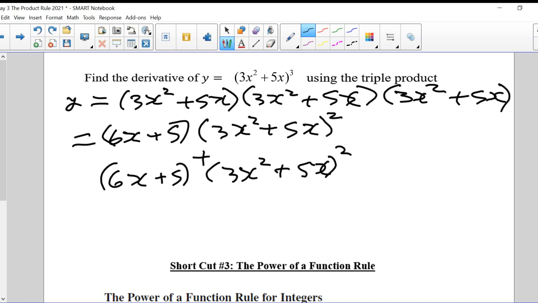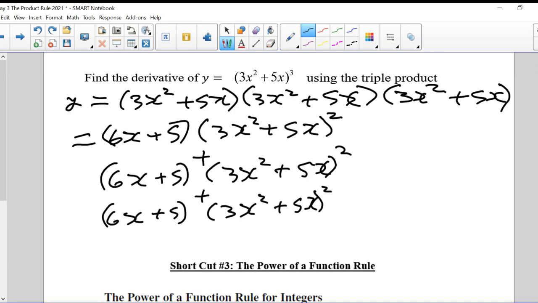Can everybody see that I'm going to have this same thing showing up 3 times? 6x plus 5, 3x squared plus 5x squared. Does it make sense when I say that I'm going to have the same result every single time?